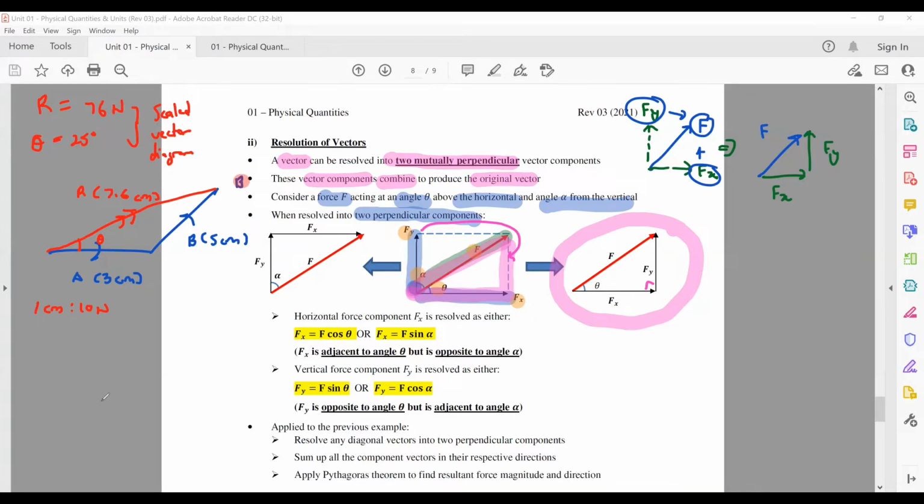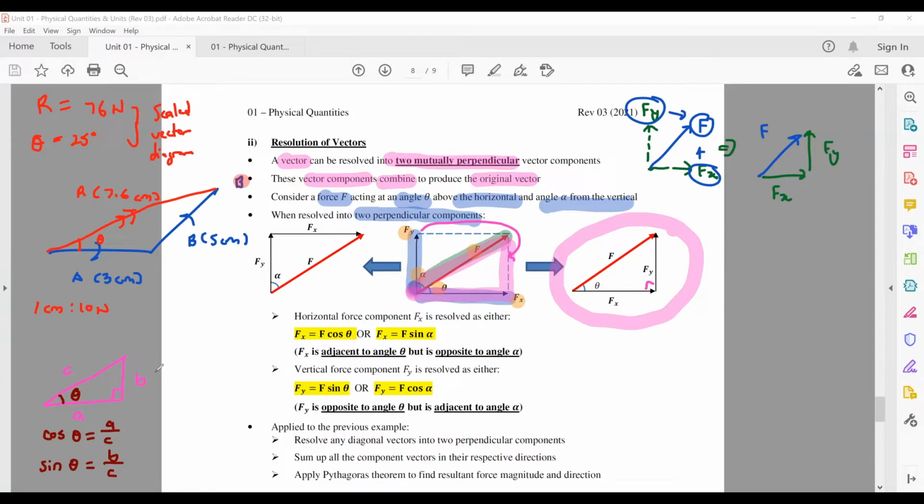If you remember from your maths, when you have a right angle triangle with sides A, B, and C, with angle theta, you would say that cos theta is equal to the adjacent over the hypotenuse, whereas sine theta will be equal to the opposite over the hypotenuse.